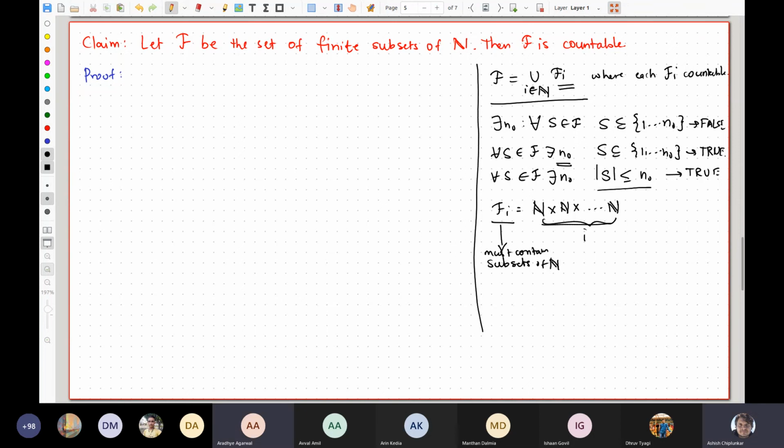No, just understand the order of quantification. You're saying that for every finite subset of N, there exists some natural number n, which means this natural number could depend on what subset you have chosen. So understand the difference between this statement and this statement. Okay, yeah, fine.